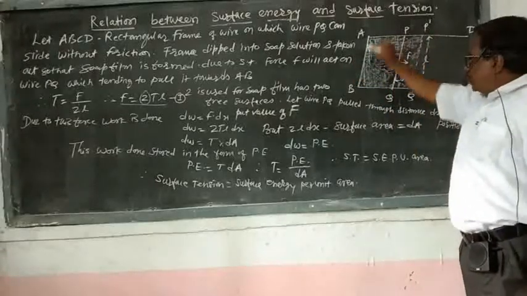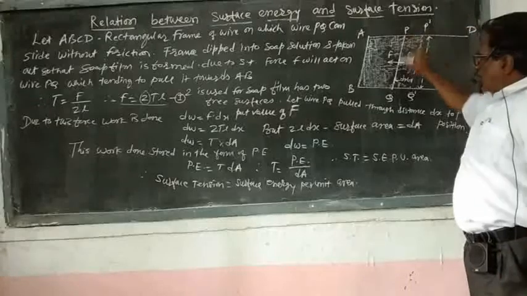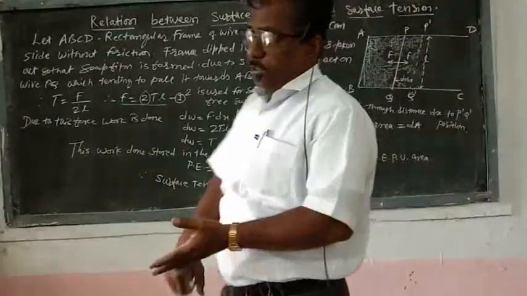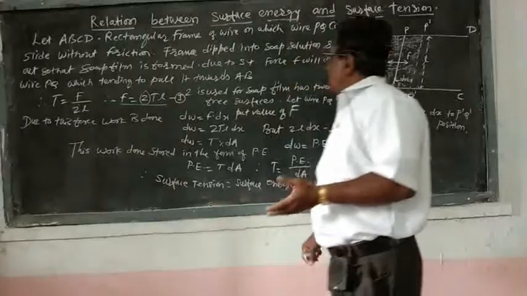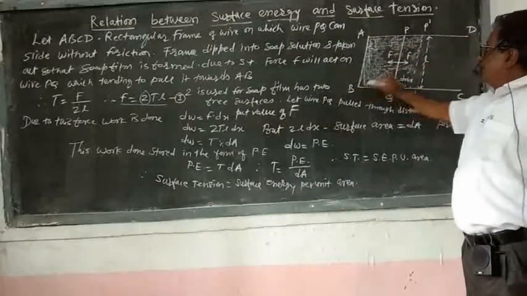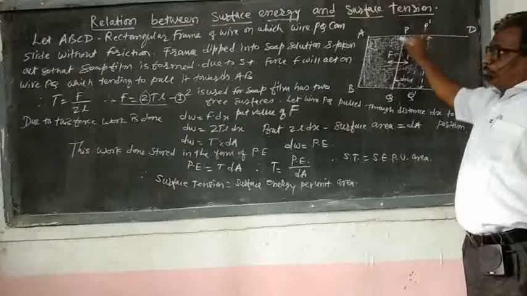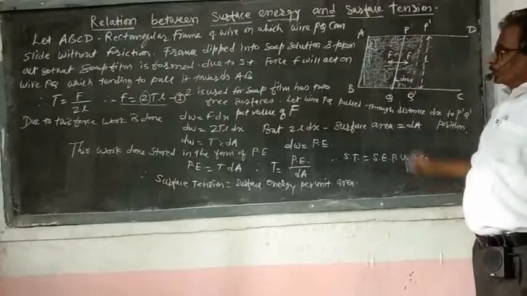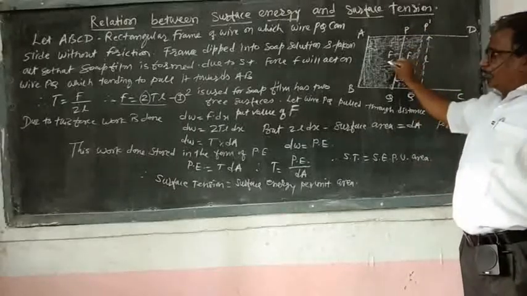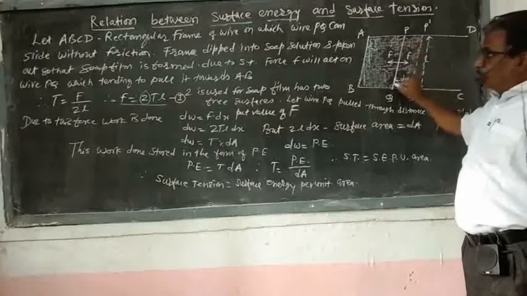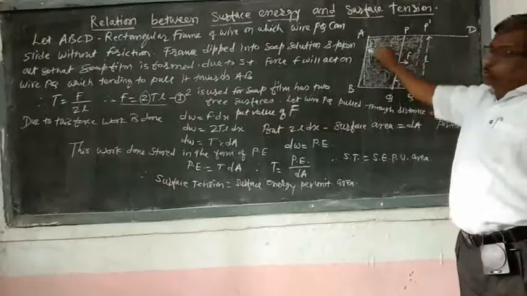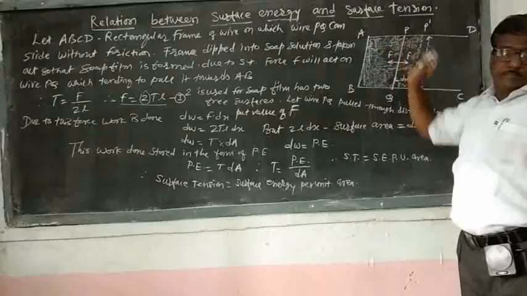This frame ABCD with slider PQ is dipped in a soap solution and taken out. What happens? The soap film ABPQ is formed. Due to surface tension, force F will act on wire PQ, tending to pull it towards the AB side.